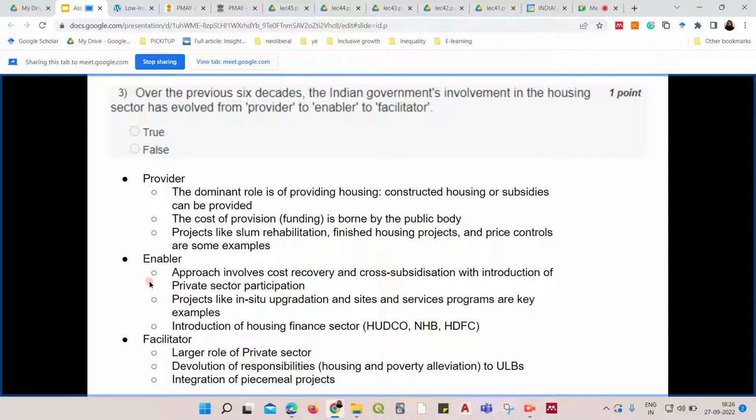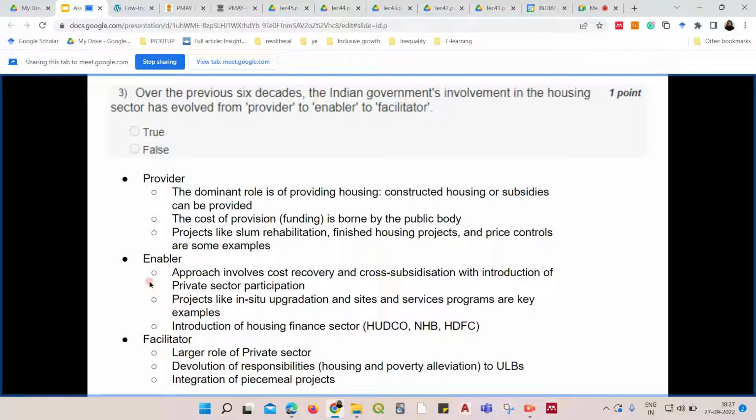You would know about the projects of in situ slum upgradation and rehabilitation, in which the land on which the slum is located is used as a resource, and some part of the land is then sold to a private player, or sold for development of HIG and MIG housing.